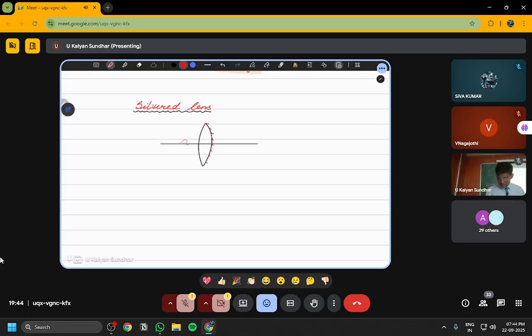Right? The object placed here, the first thing is it hits here and refraction happens. After refraction it goes there, reflection happens, and again it will fall somewhere here. So this is how the image is formed due to some object.